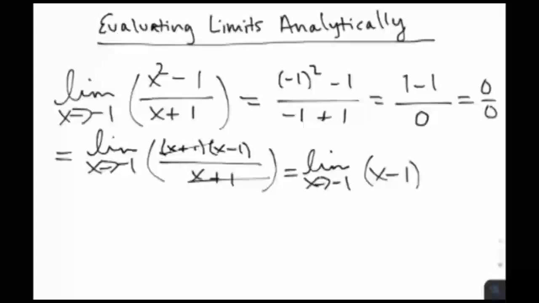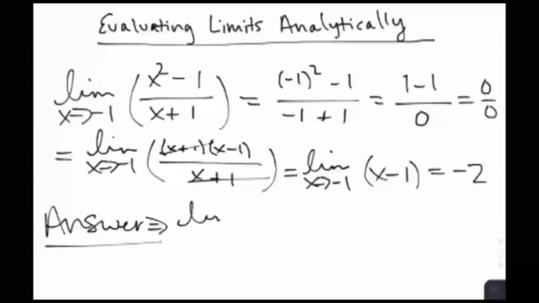Now you are able to solve the limit numerically, where you can just plug in -1 where x is. So -1 minus 1 is -2. I'll write it down here. So the answer is the limit as x approaches -1 of x minus 1 is equal to -2.